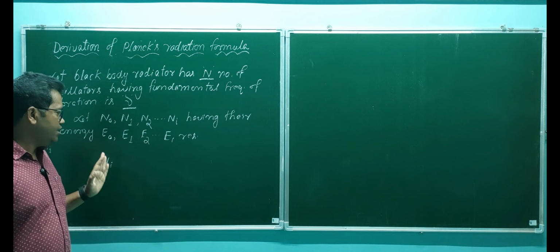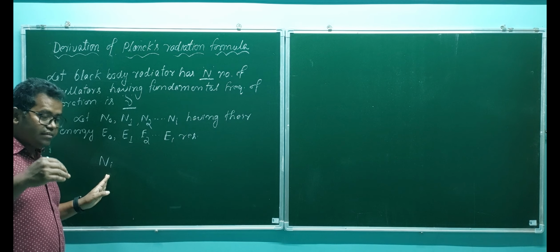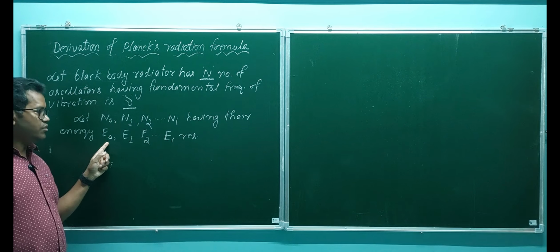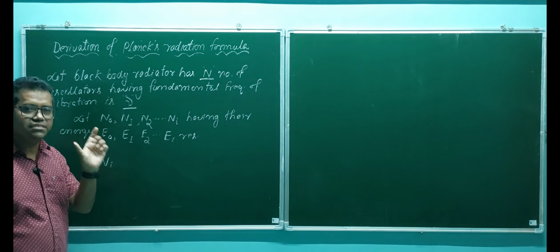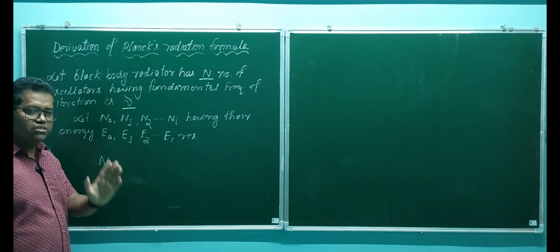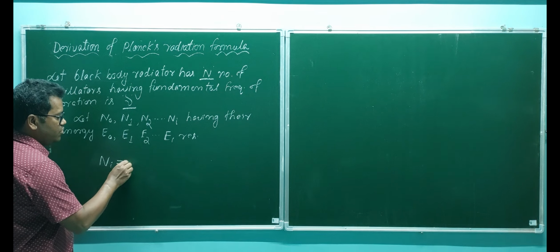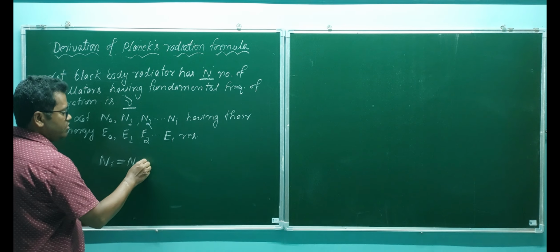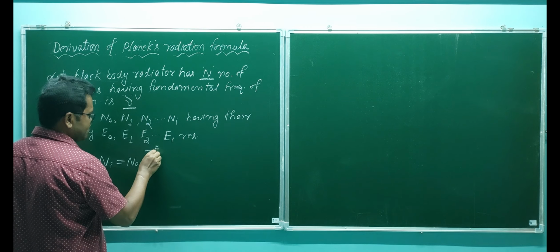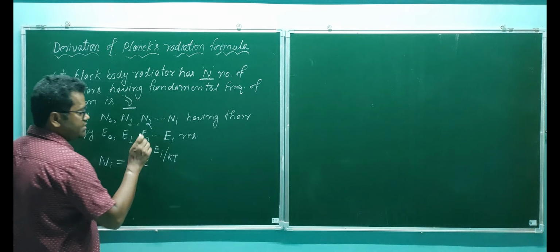I repeat, the number of oscillators having energy above the lowest value E0 is given by the Boltzmann distribution law, which is given by N equal to N0 e to the power minus Ei by kT.